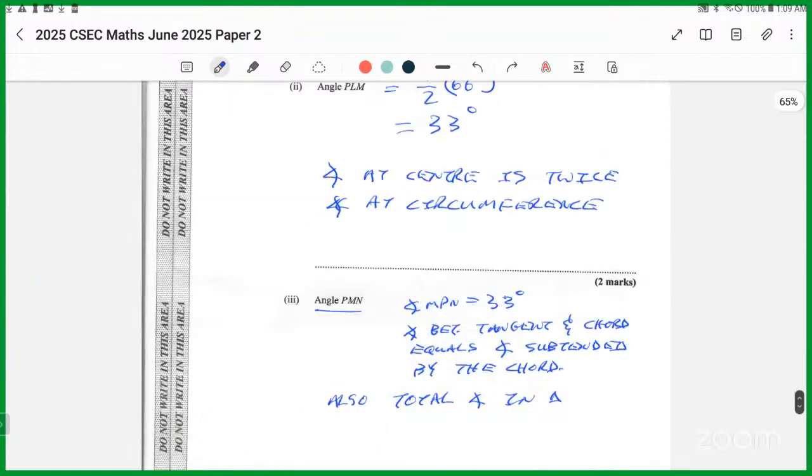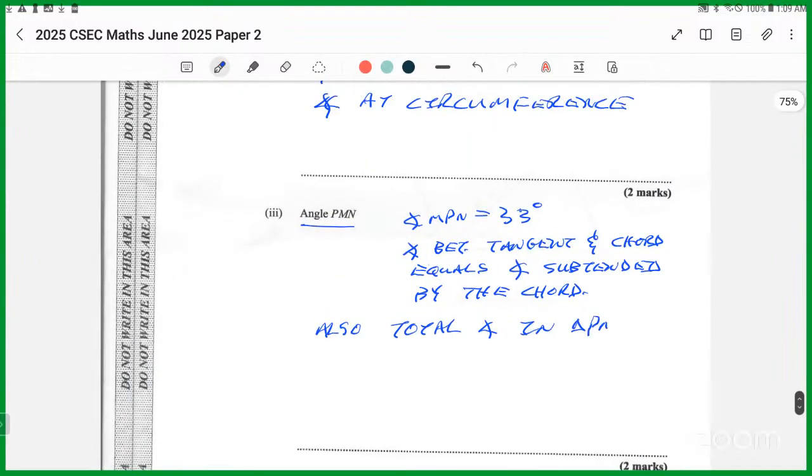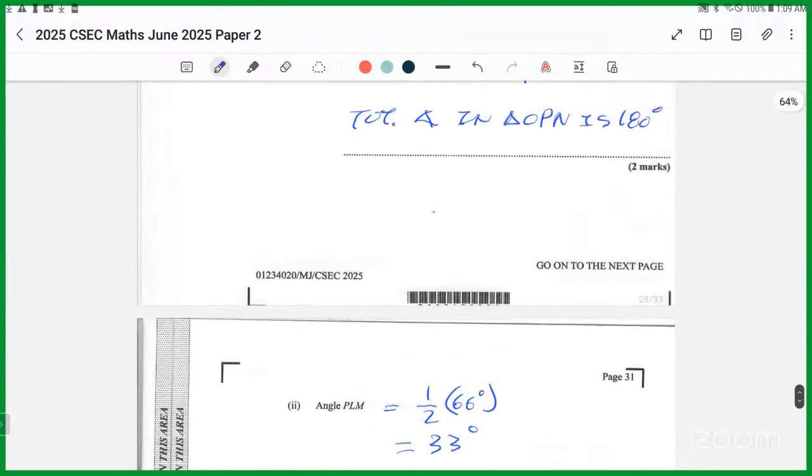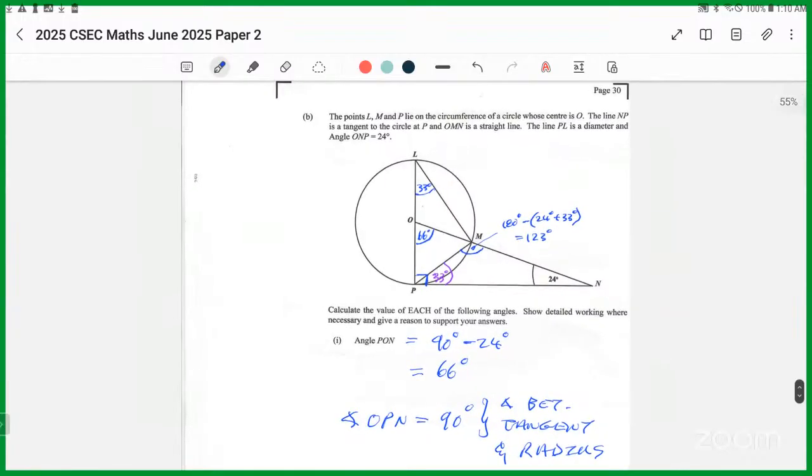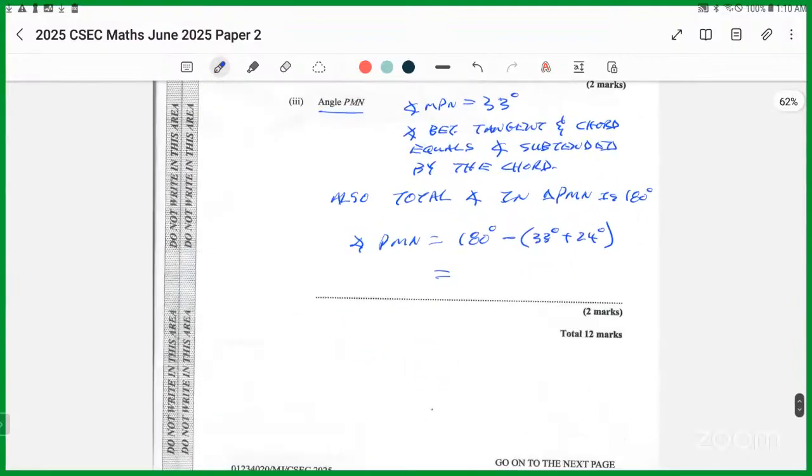Total angle in triangle PMN is 180 degrees, so angle PMN is 180 degrees minus the sum of the 33 degrees and the 24 degrees that are there. That's 180 minus 57, which is 123 degrees. That is the question done.